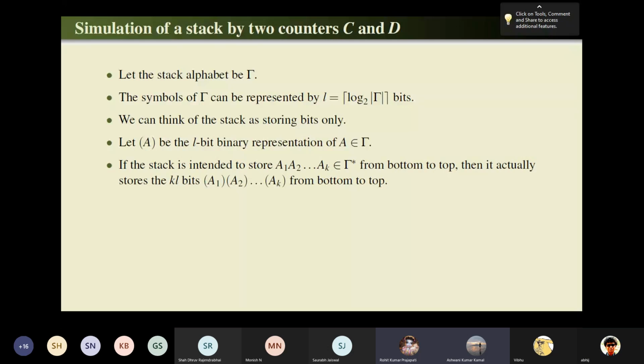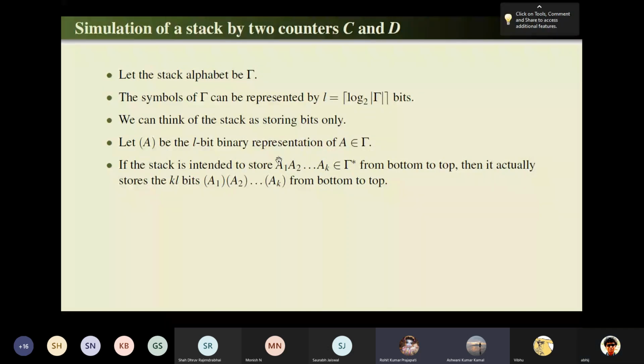If the stack is supposed to store the symbols A1, A2, up to AK, this time I am making a change of convention: I am writing the stack from bottom to top. So AK is the topmost symbol and A1 is the bottommost symbol.